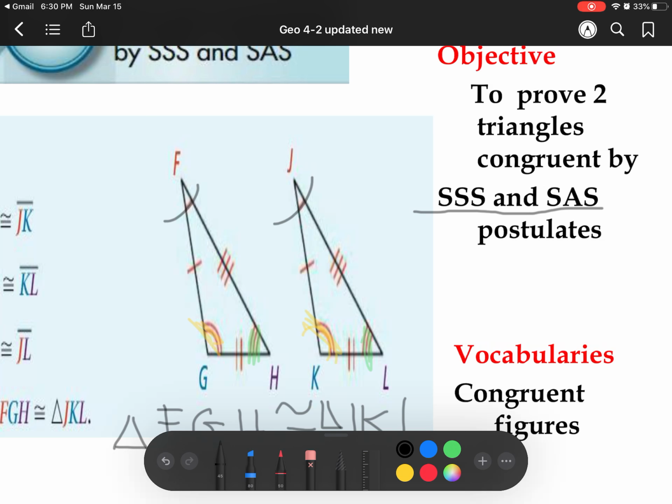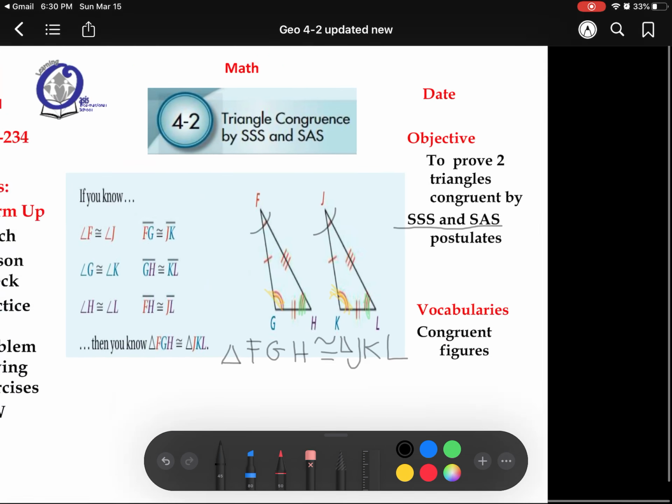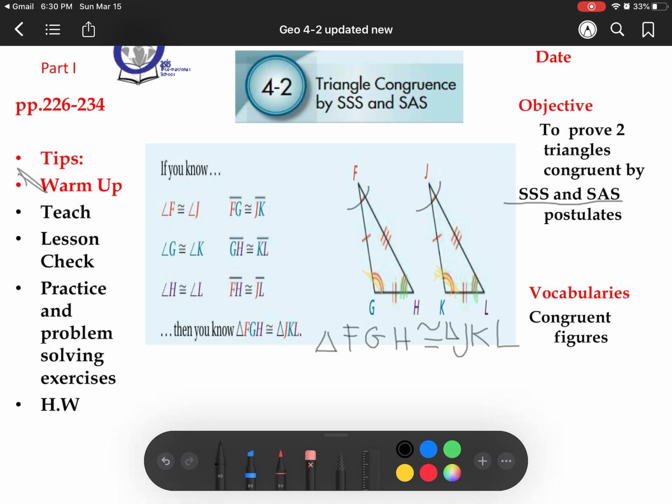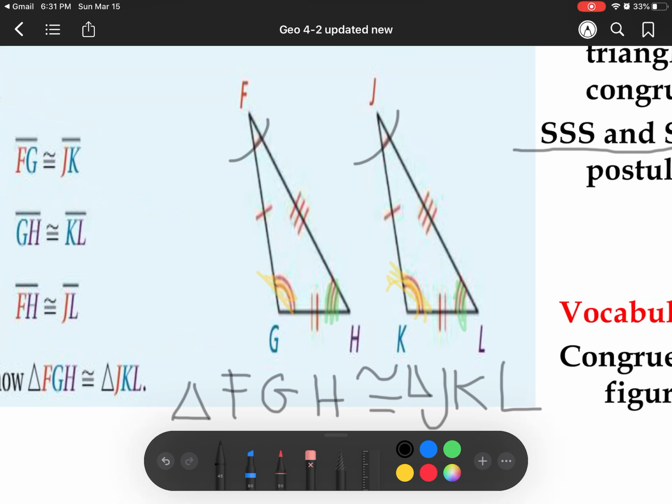SSS is related to the sides, and SAS is side-angle-side. Now, teacher, you told us before that we should write the 3 side pairs and the 3 angle pairs, but this is too much, and not in every question will you have all the symbols on each figure.